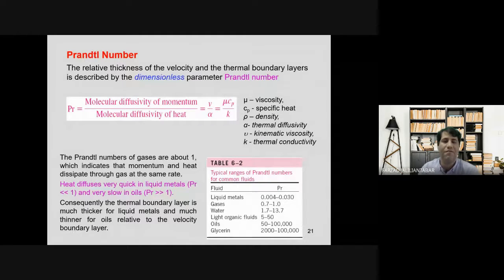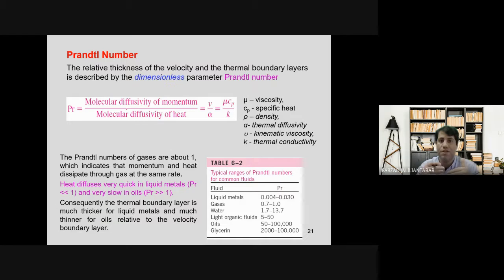Up to here you have seen we have velocity. The velocity of the fluid when it is flowing through the surface or above the surface will change, and its temperature also will change. But which one will change faster? The boundary layer which you have seen shows the velocity of the fluid will change by x, but which rate is higher?